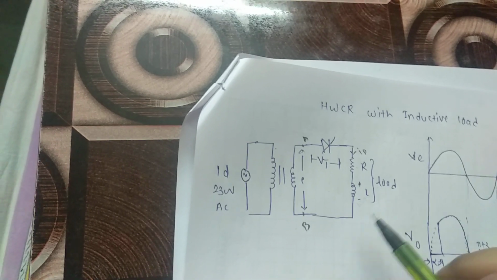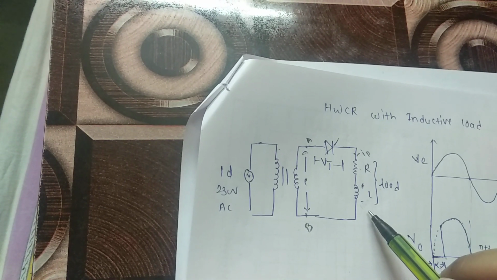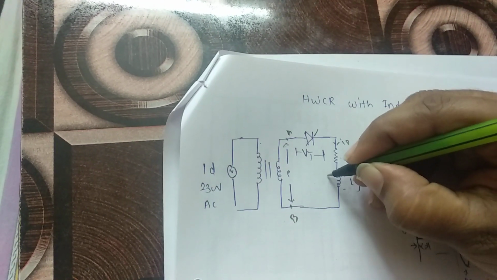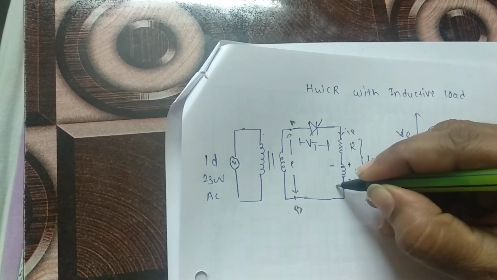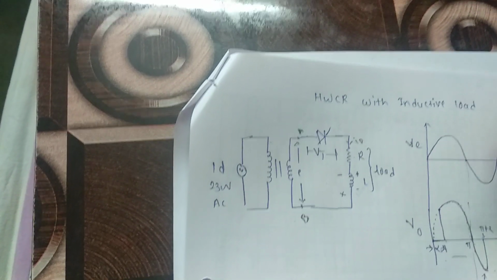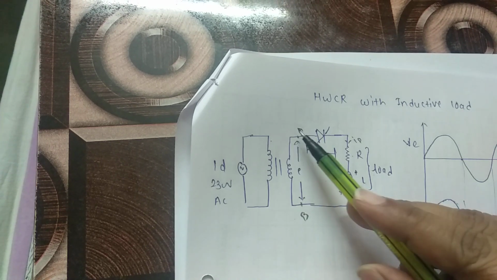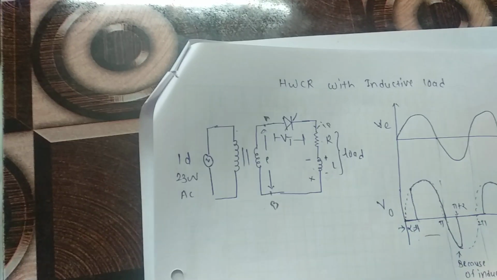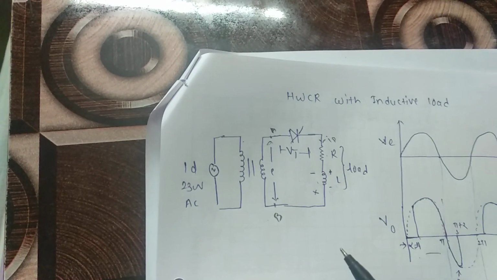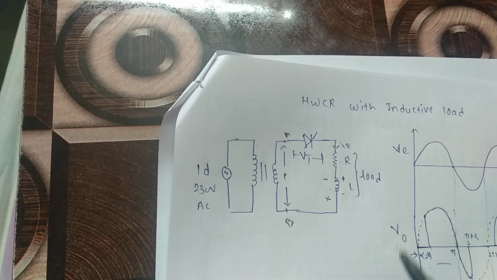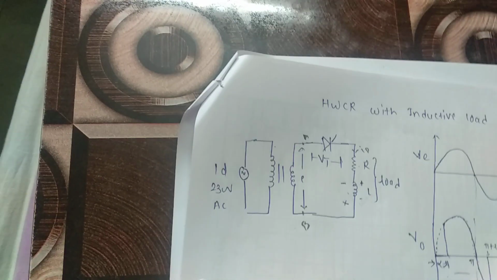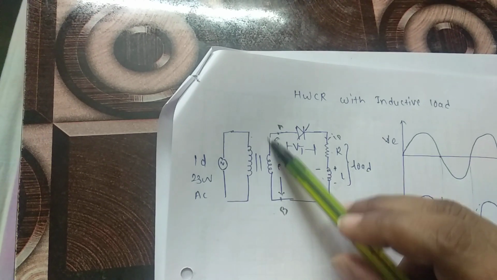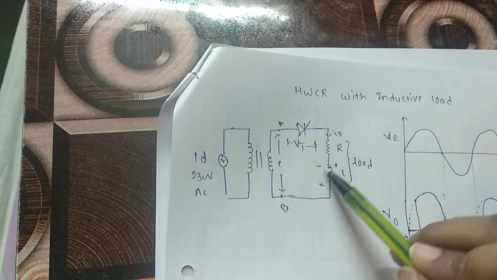So now the inductor changes its polarity. This terminal becomes negative and this becomes positive. Now this positive terminal is applied to the anode of the SCR and the negative to the cathode of the SCR. So momentarily the SCR is in forward biasing mode, and the inductor starts de-energizing, and now the current flows from L plus, B, A, SCR, R and L minus.